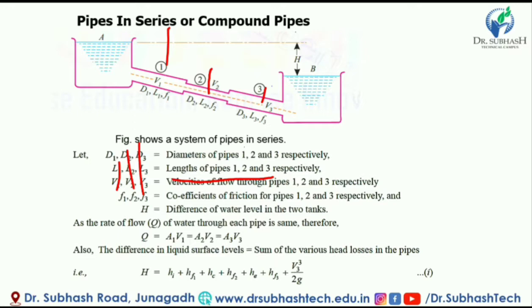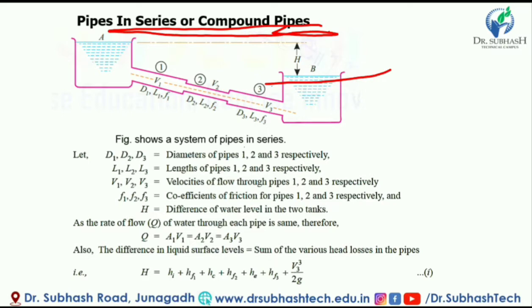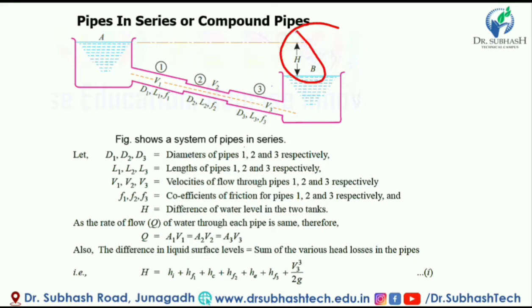Now capital H is the difference of water level in the two tanks, as shown in the figure. Capital H denotes the loss of head due to the flow from one tank to the other tank.